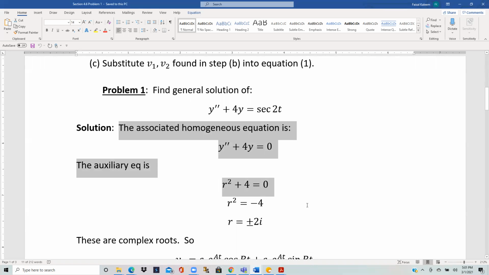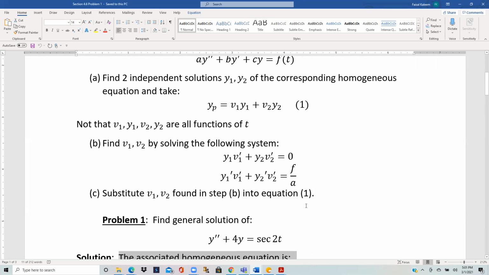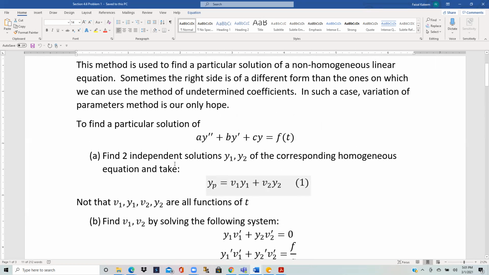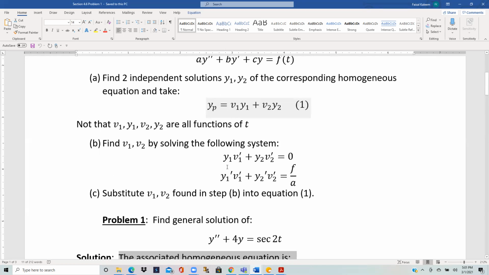Let's just go to that section, 4.6. Okay. So remember, the method is you find two independent solutions, which are the ones that appear in the homogeneous solution. And then we write yp in this form.